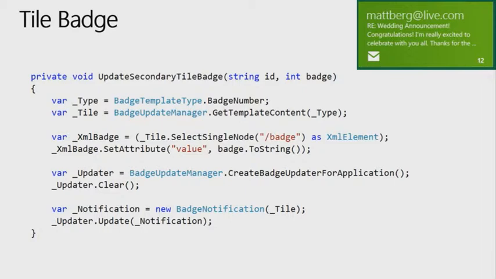So now we also have the badge. Remember, that's where that glyph was. In this case, I'm going to be updating the number. See where it says 12 right now. So all I do now is I create a specific type of what I'm going to update. This allows me to constrain what I change inside the tile. It's a badge notification, and when I pass that badge notification with whatever number it is, you can see it's just SetAttribute.